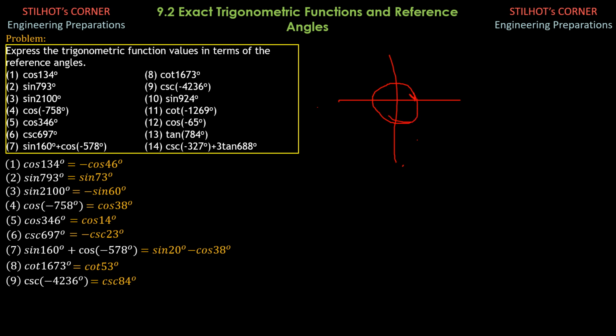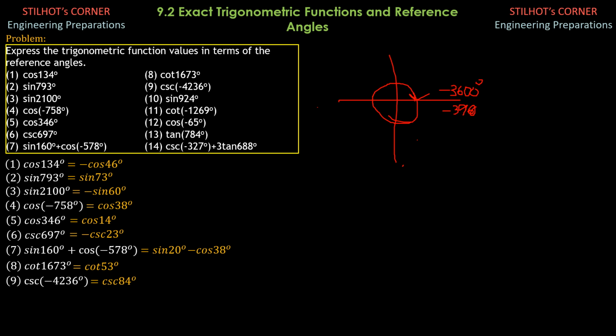So after 10 revolutions, negative 3,600, then another 360, so negative 3,600 minus 360, negative 3,960 here.